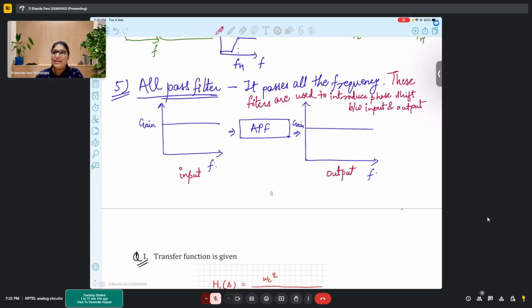That's why timing is very important for the signals. So to maintain those timings, sometimes you might need to delay certain signals so that you can get correct outputs. And when you have such situations, you use these all pass filters. Is this clear to everyone?